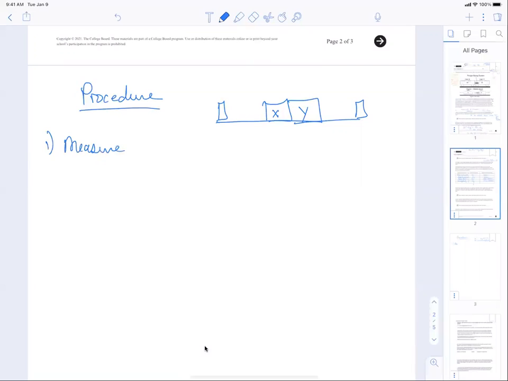Measure mass of X cart and Y cart, using a scale, and record.